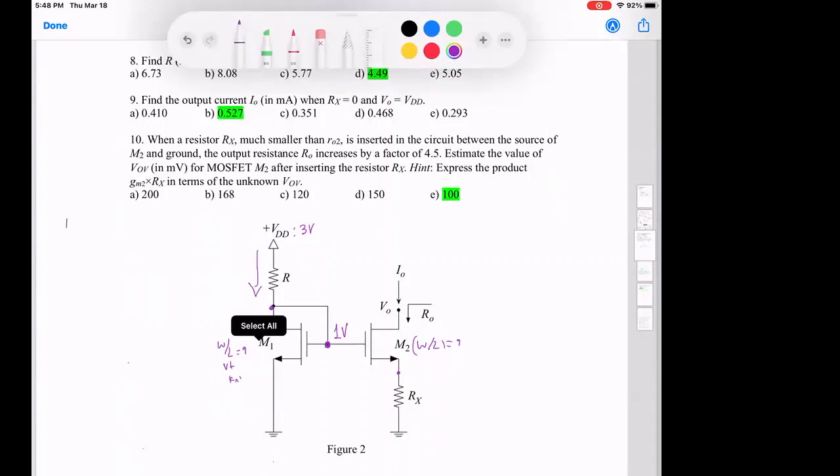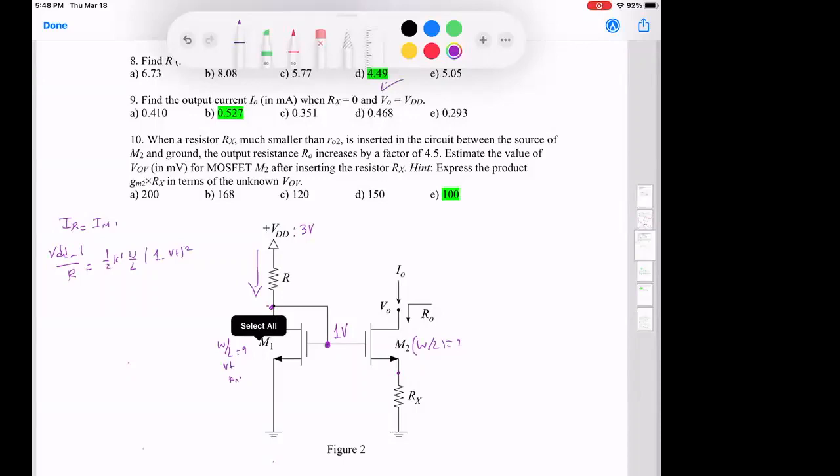So I can start by stating that IR is equal to IM1, and this is VDD minus 1 over R, which is equal to half K prime W by L times VGS minus VT all squared. I have all quantities, so I find R.